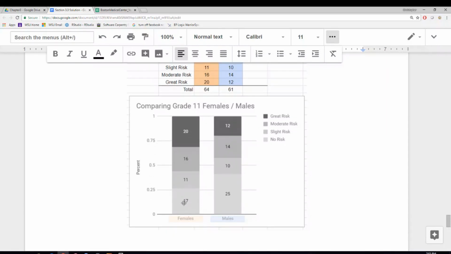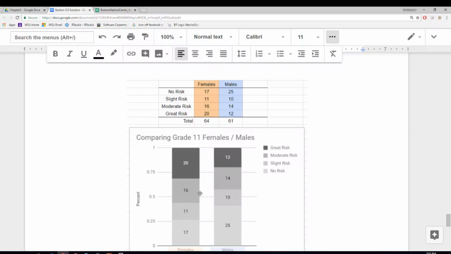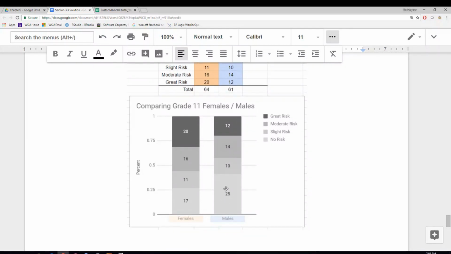So about 25% of the females said smoking marijuana was of no risk. But for the males, that number jumps up to about 40%. For the males, we would take 25 divided by 61. So there's quite a few more males. There's a larger percentage of males that think smoking weed's of no risk compared to females.